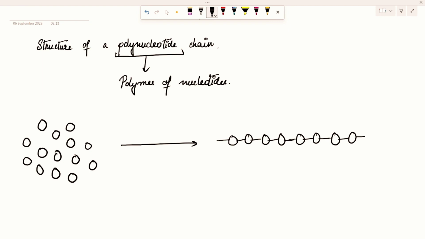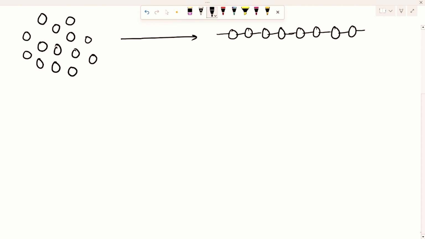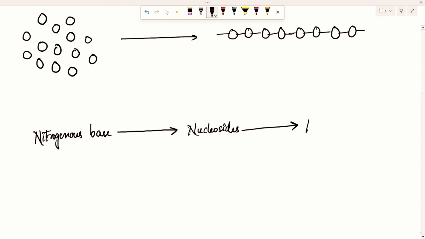Now, first let us understand the structure of a nucleotide. Where do we get this nucleotide from? Nucleotides actually come from nitrogenous bases. They give rise to nucleosides, and these nucleosides eventually give rise to nucleotides.